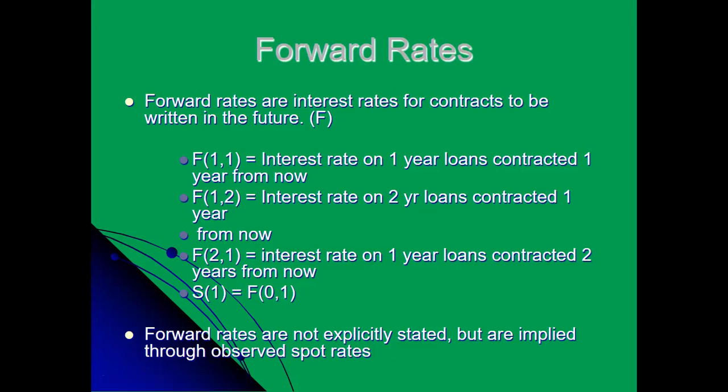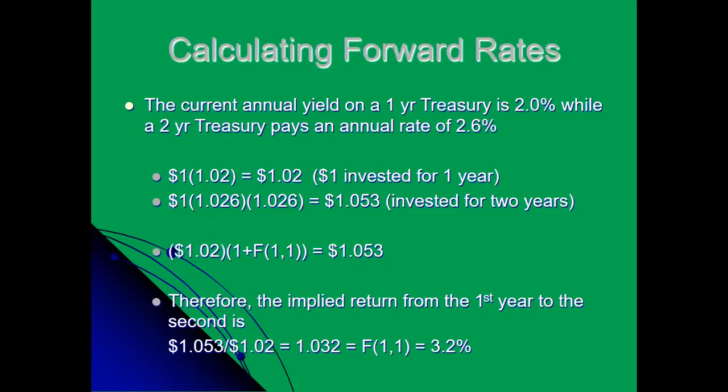So basically the contract is also today, time 0, but then the rate will be based on 1-year loans. Forward rates are not explicitly stated. As said a while ago, they can be changed or determined by privately contracting parties, but are implied through observed spot rates. So the basis overall will be the spot rates or the current market exchange rates.